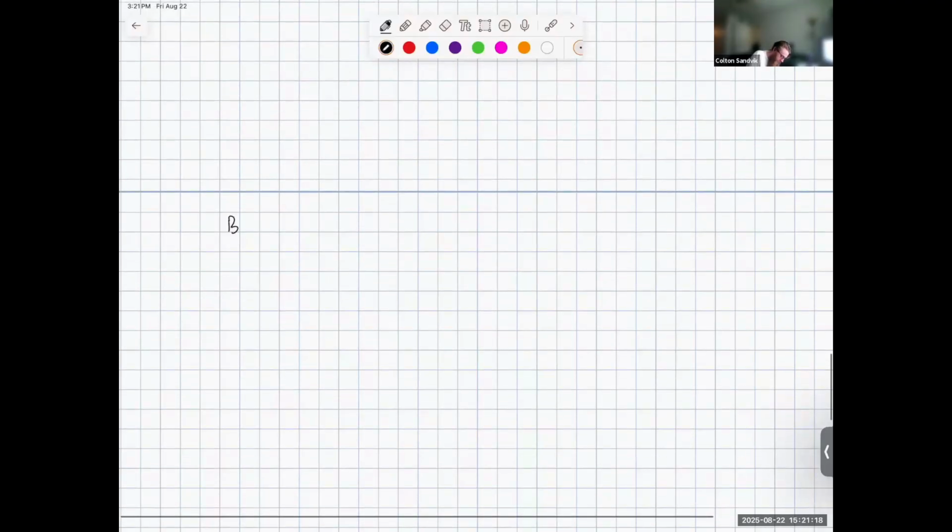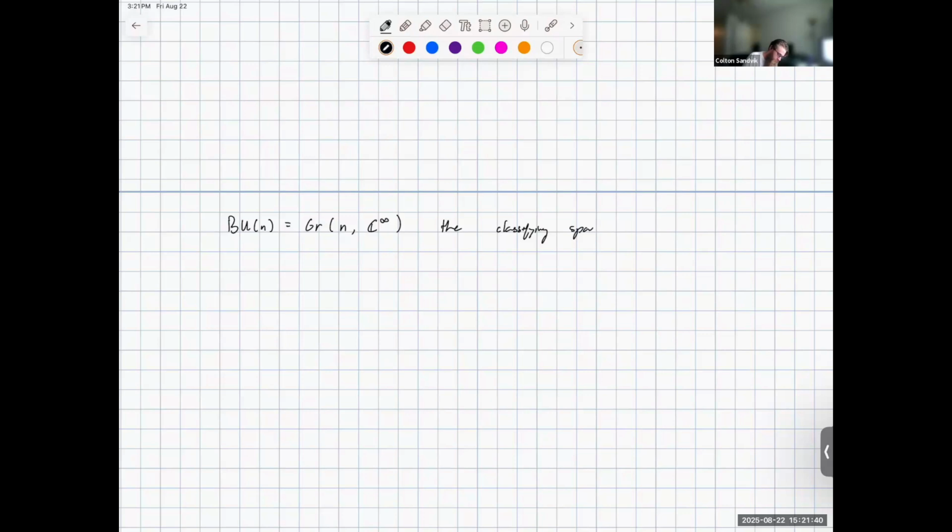I want to take BUn as the space of n-dimensional vector spaces in infinite dimensional complex space. So this is the classifying space for the unitary group.